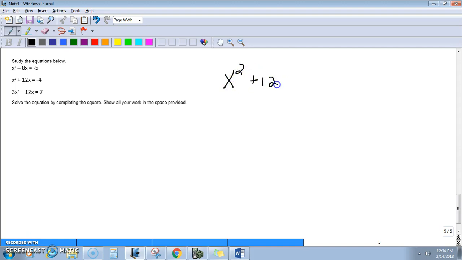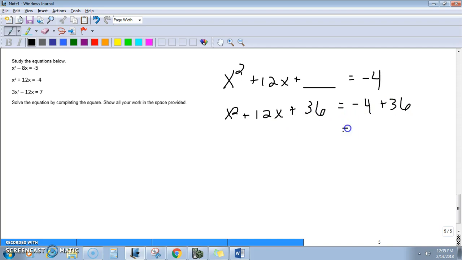X squared plus 12x plus, leave a space, equals -4. Half of 12 is 6. 6 squared is 36. And I added 36, so I have to do -4 plus 36. So my right-hand side of the equation, I'm actually taking 4 away, so it's 32.